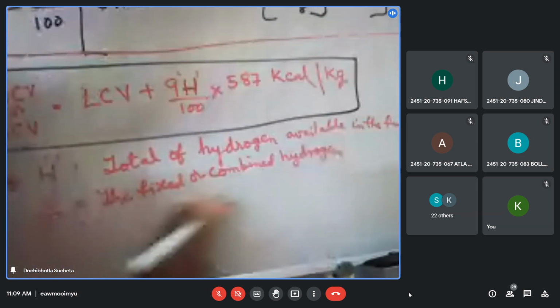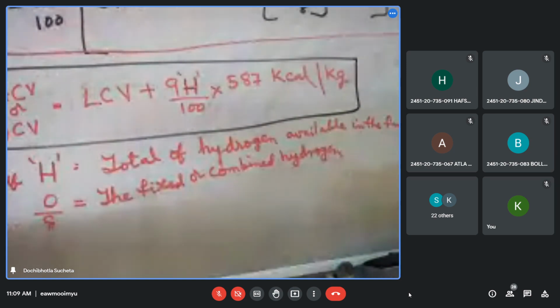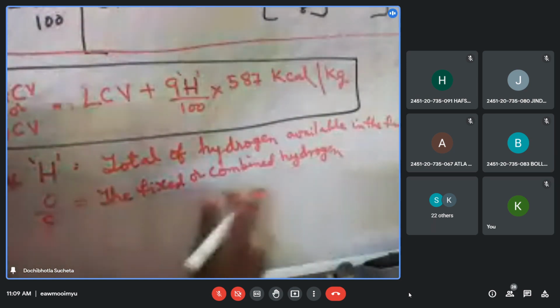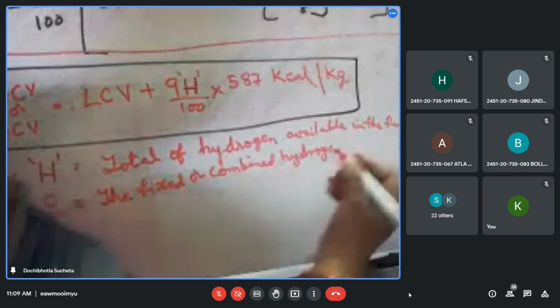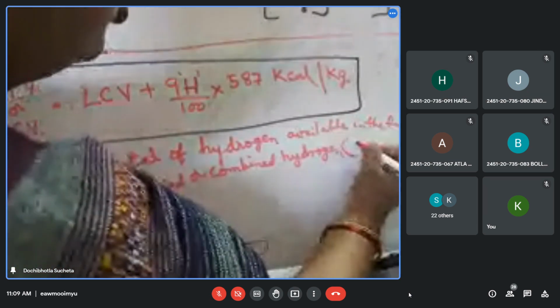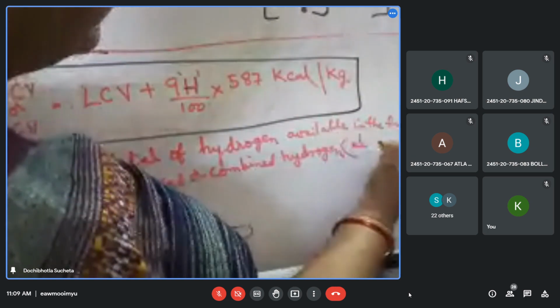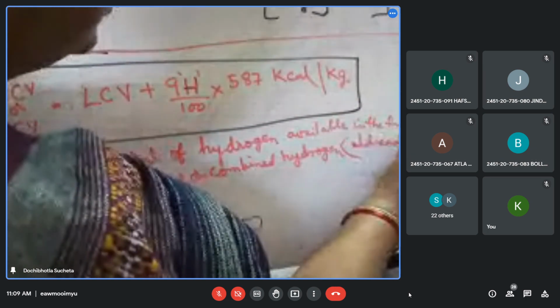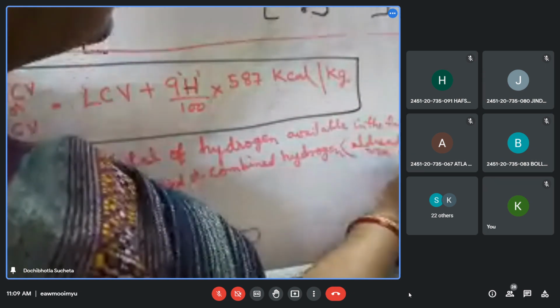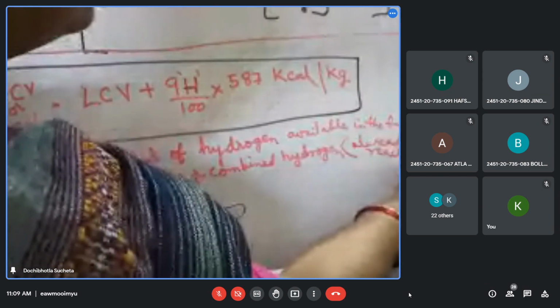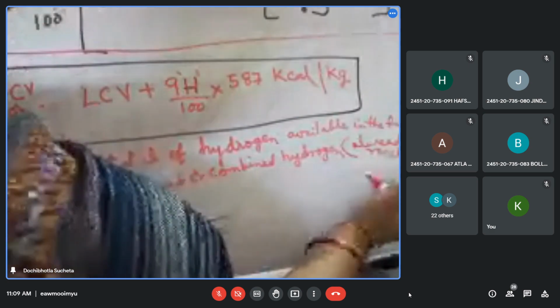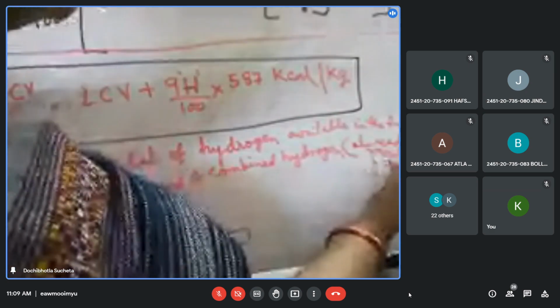You can take down for your information. Fixed or combined hydrogen is nothing but O by 8. Already reacted to give H2O, moisture, which decreases calorific value.